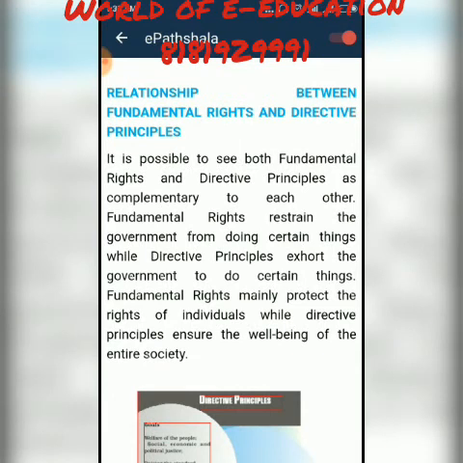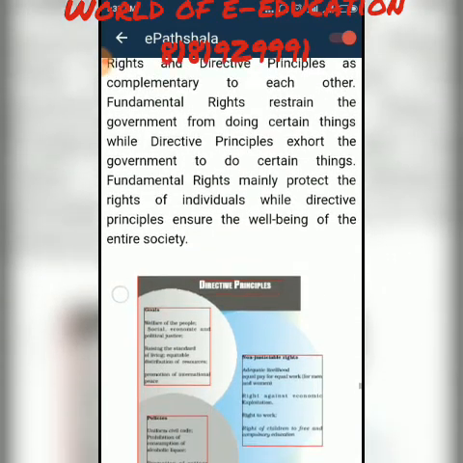Relationship between fundamental rights and directive principles. It is possible to see both fundamental rights and directive principles as complementary to each other. Fundamental rights restrain the government from doing certain things while directive principles exhort the government to do certain things.